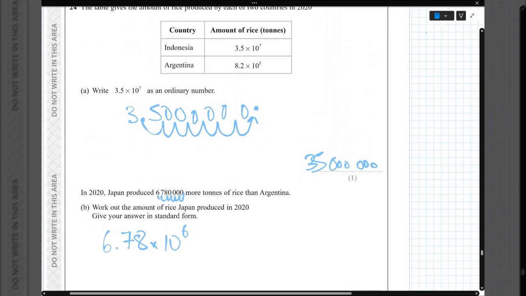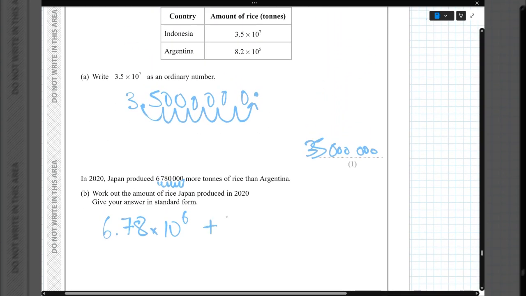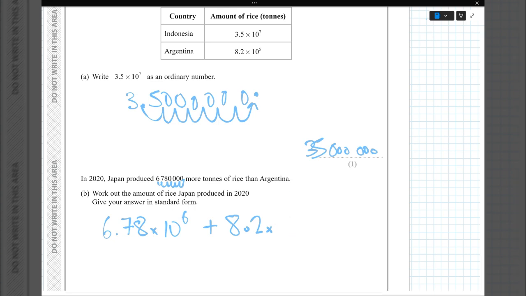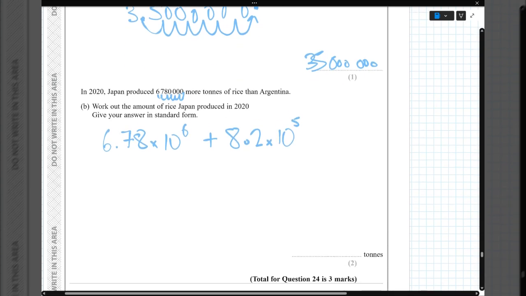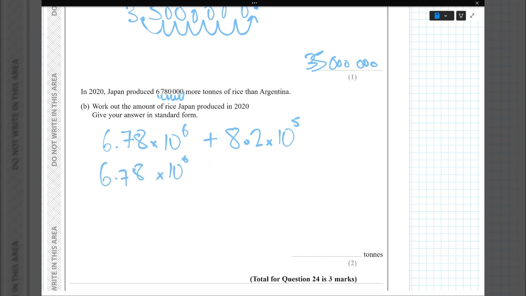Now we need to find the Argentina value. That is 8.2 times 10 to the power of 5. Okay, so we are going to raise up this Argentina number so that it's 10 to the power of 6, because you have to have the same power for the tens.